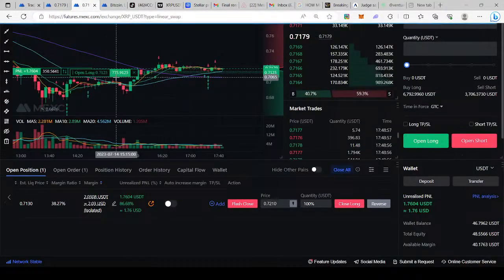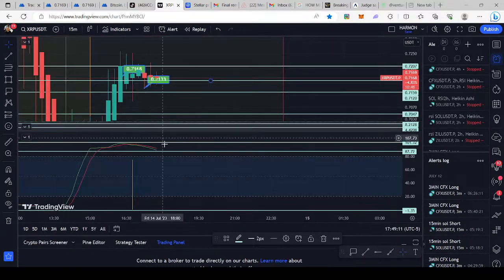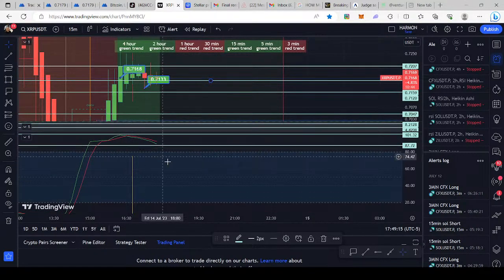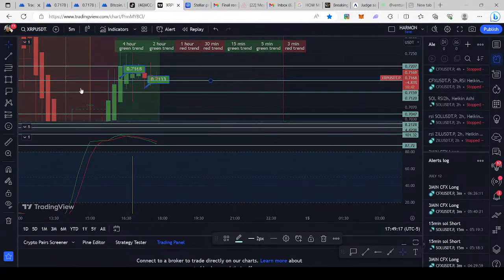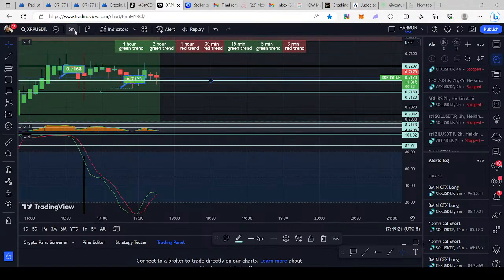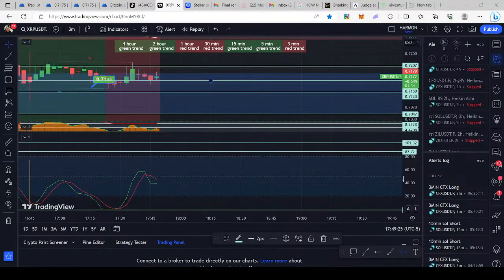But right now I'm just going to let it do its little hiccup, because the 15-minute is still moving down. It hasn't bent up yet. The 5-minute is bending down. So this is just a hiccup, so I don't move in when I see that. I let that 3-minute finish. It's just letting me know that there are some buys in there.